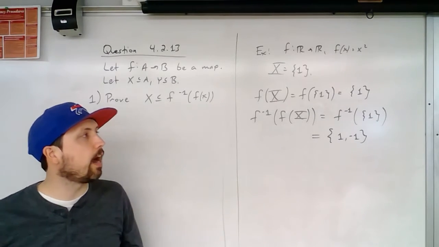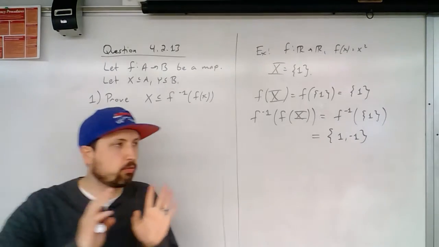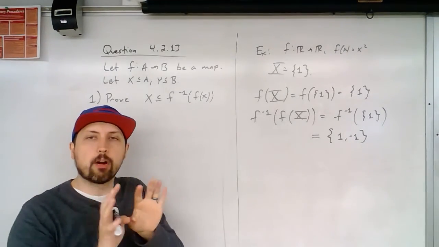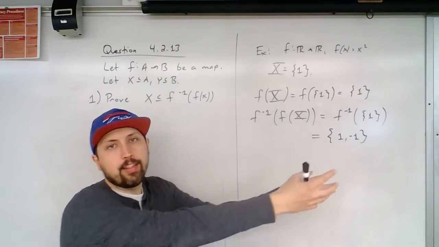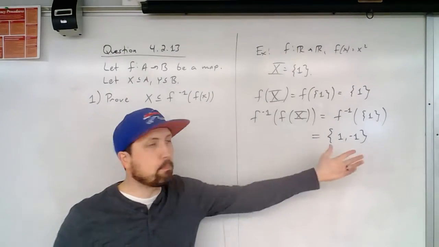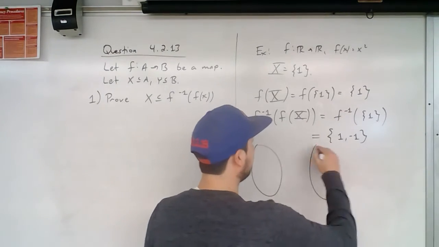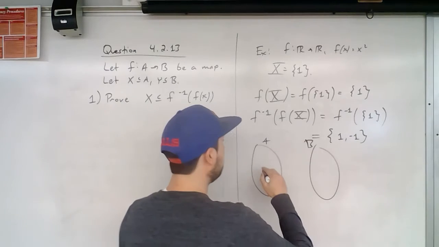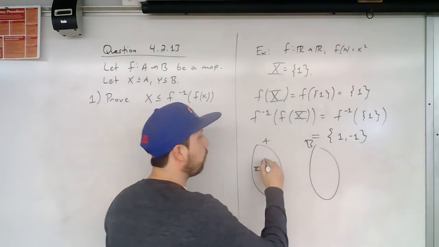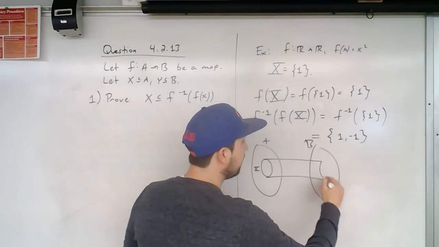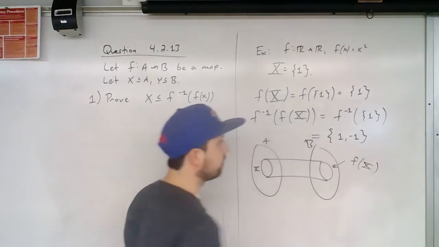So when we think about this process, when we do the image, right, we're pushing all of these elements from our domain into the codomain. But then when it goes in the opposite direction, we might pick up some new guys, right? So if we want to just visualize this in terms of sets here, so let's say, for instance, this is the set X. Then when I map the image to this, there's some type of thing here, f of capital X, right?